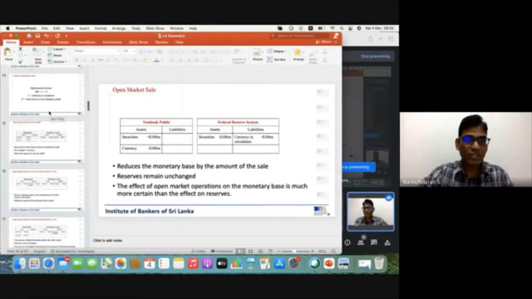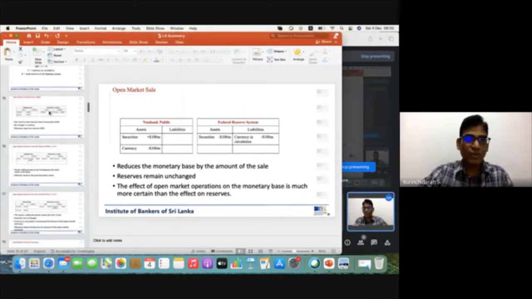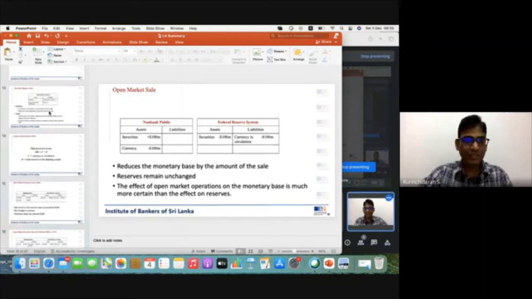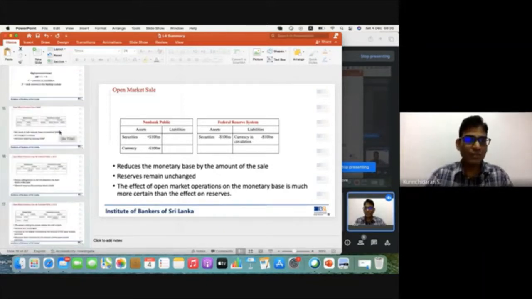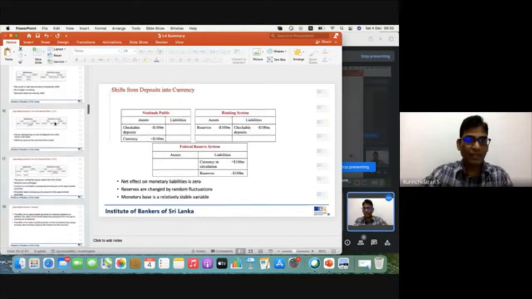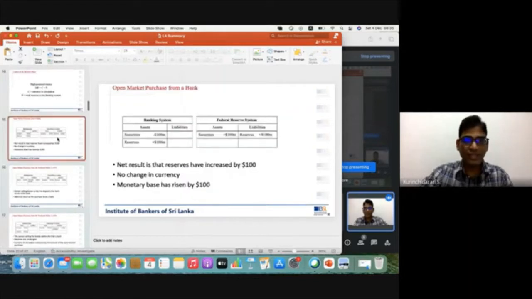Now, last time we discussed how open market operations work in a central bank. We saw open market purchase from various agents, and today I'm going to continue that.